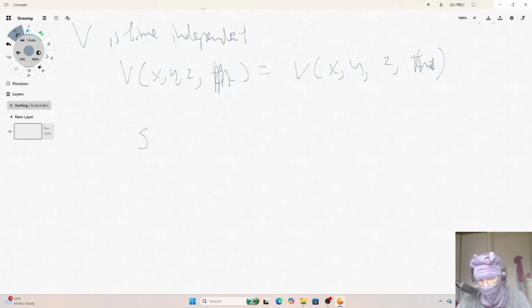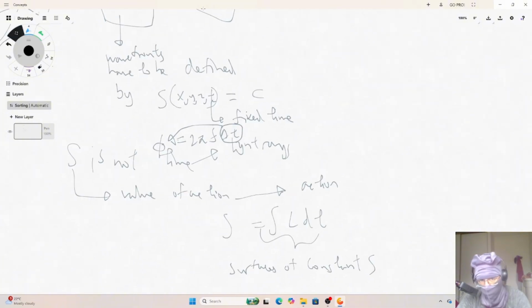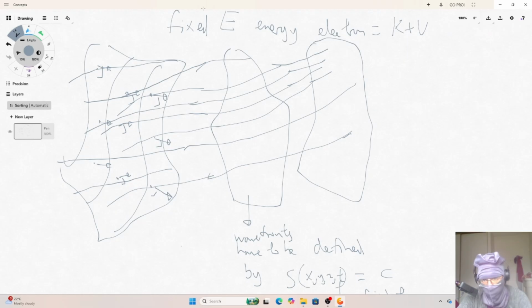We want S to be defined such that, suppose you took a point here, call that XF, YF, ZF, and suppose you traced it back to that point, and we call that point XI, YI, ZI.